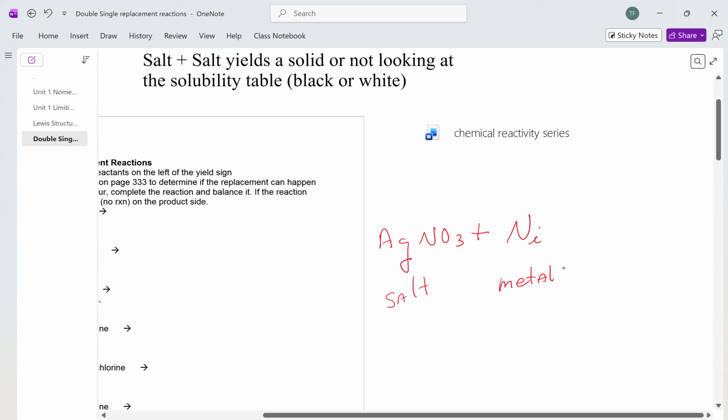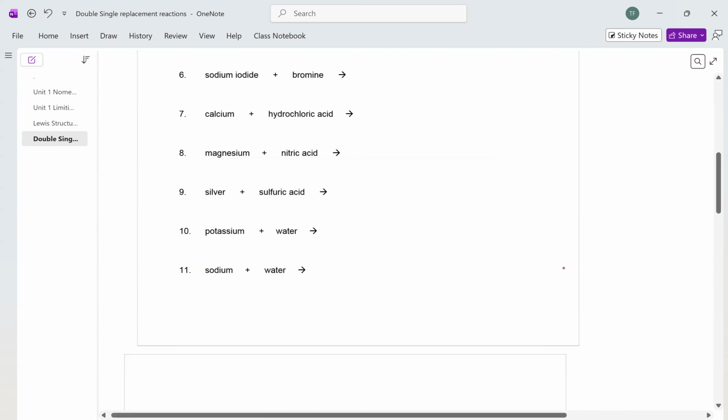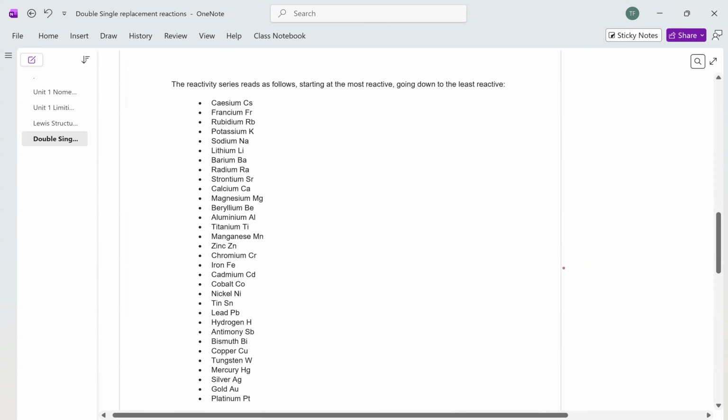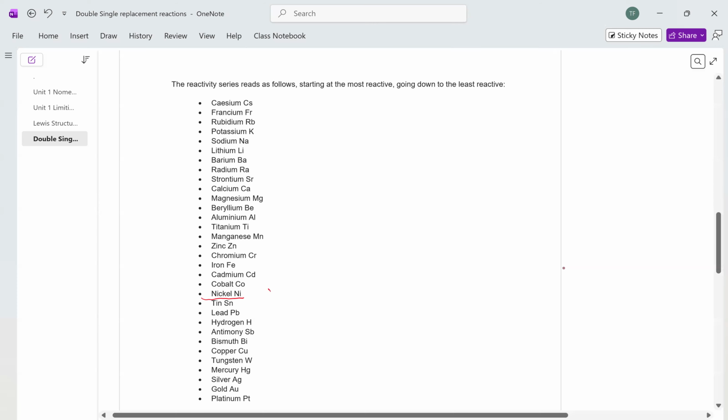Okay, so is anything going to happen? What we're going to do is look at a reactivity chart. Now, this is a big long one. What you need to do is find the nickel, the metal, which is right here. And the other one was the silver nitrate, so you'll find silver on here, which is right here.